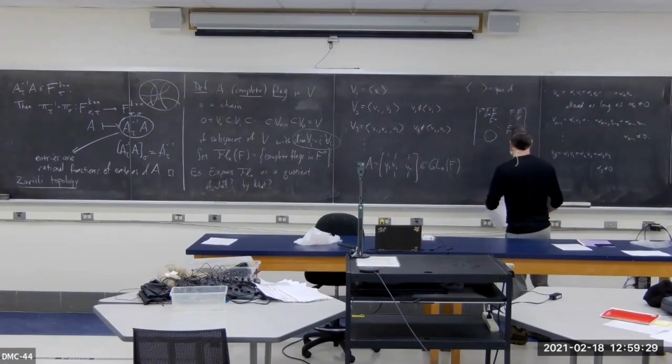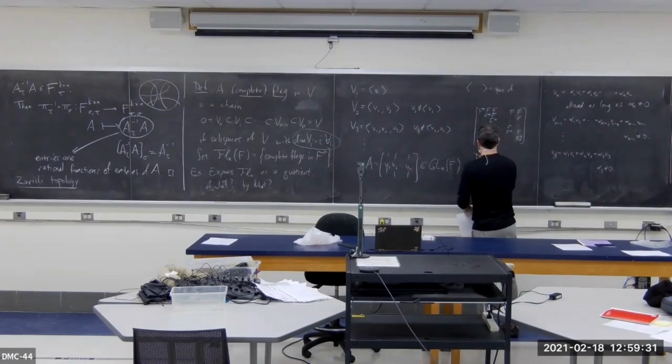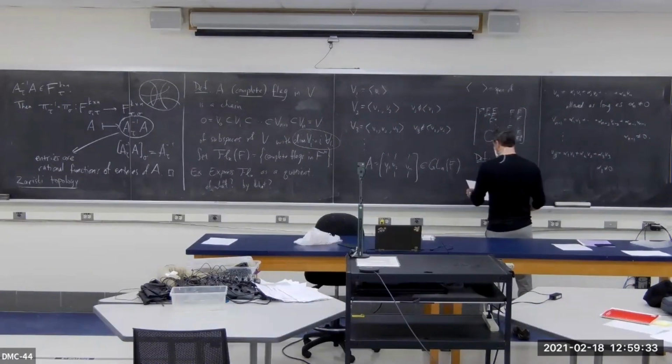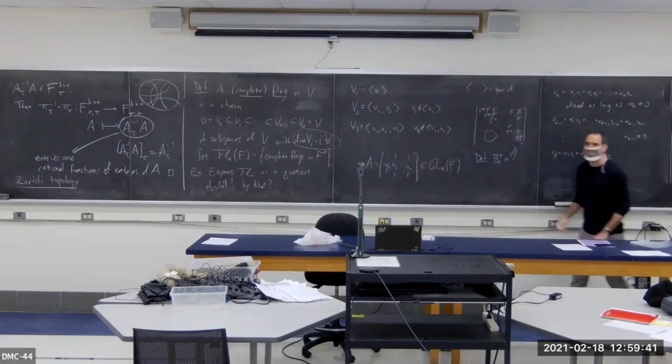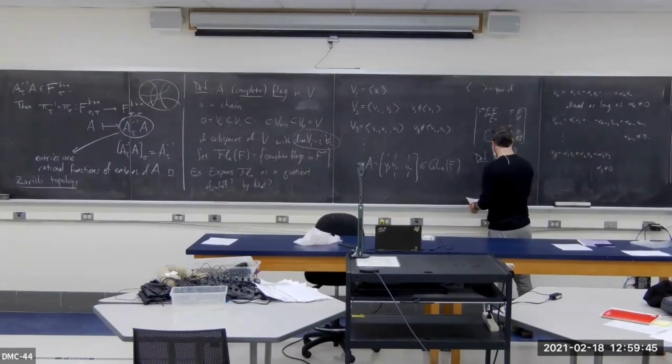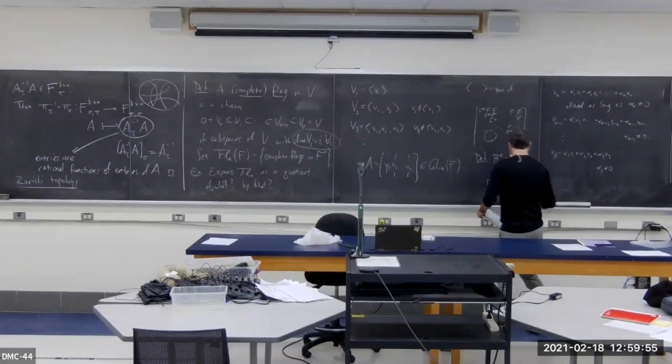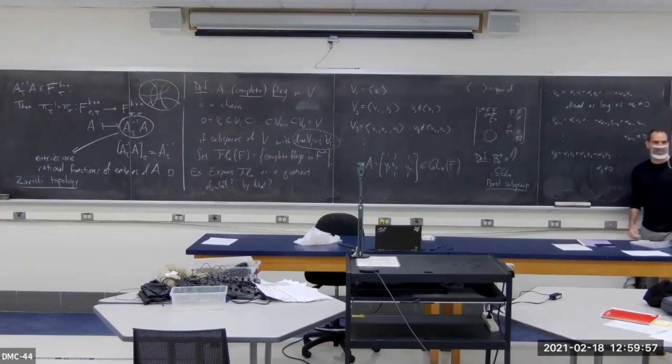Let's say this is called a Borel subgroup. It is contained in GL_n, and it's the Borel subgroup of upper triangular matrices.